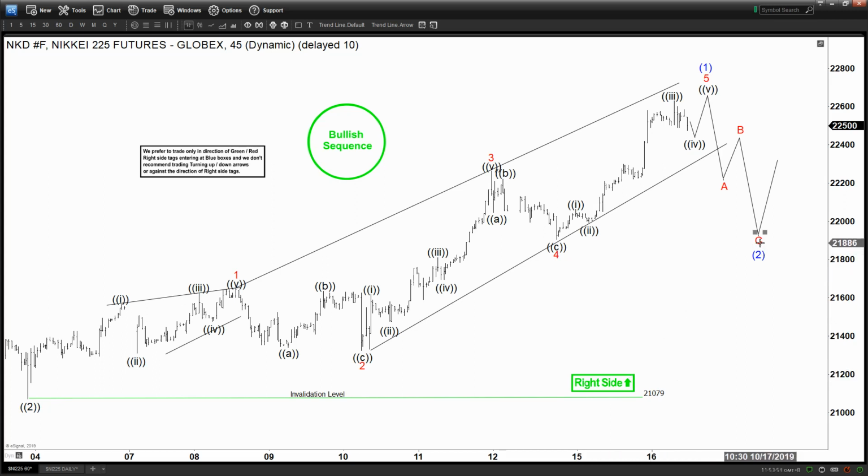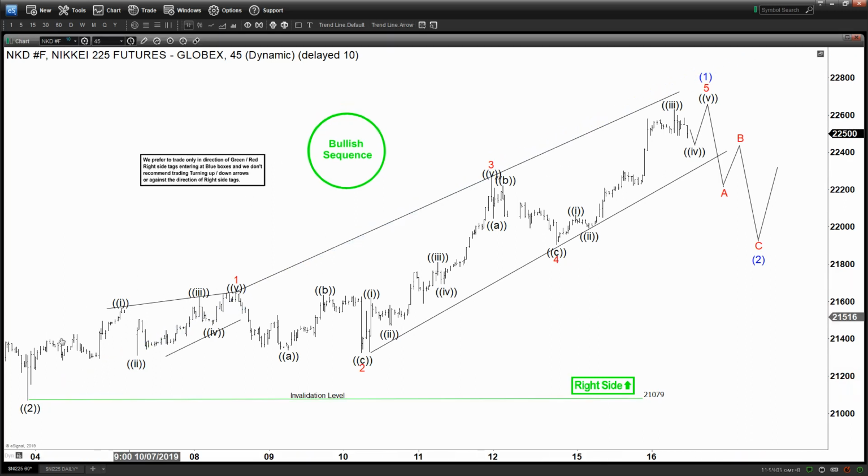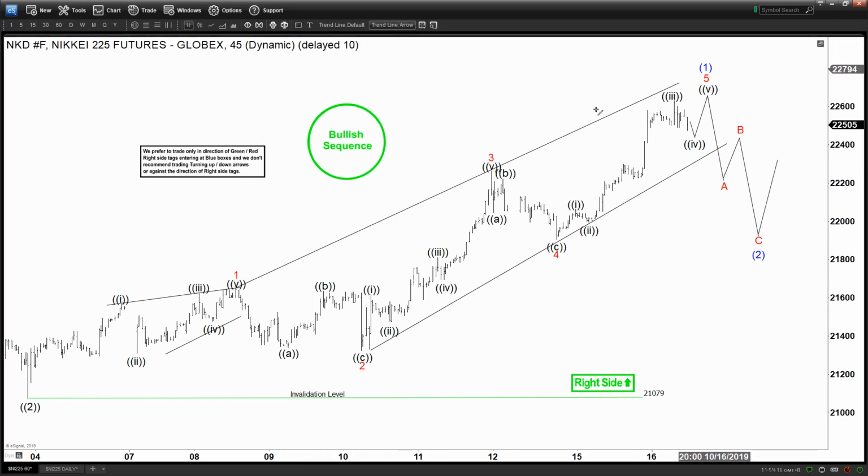All right, so what we see here is this pullback to 21,079 ended with wave 2, and that means we are in wave 3 right now, in the black degree. Obviously wave 3 should subdivide into 5 waves, and we do have the 5 waves in which this wave 1 in the blue, wave 1 of 3, subdivides into a leading diagonal.